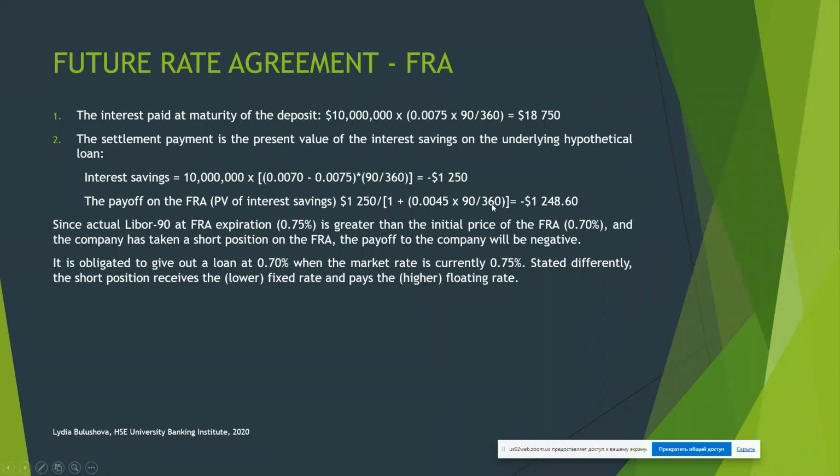That's the payout. That's the overall performance. So the payoff on the FRA contract is this amount. That's the difference. That's what I received, that's what I paid. That's my result. Why do I have 0.45 here?